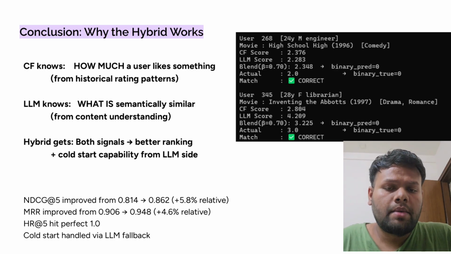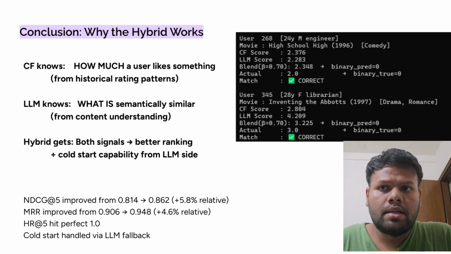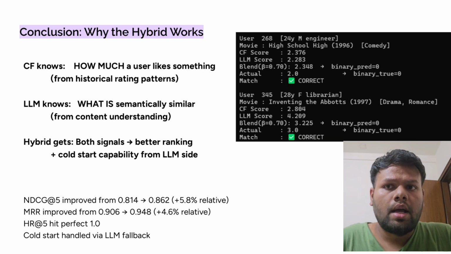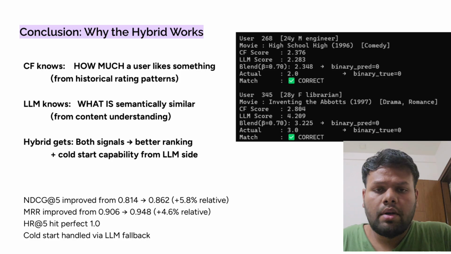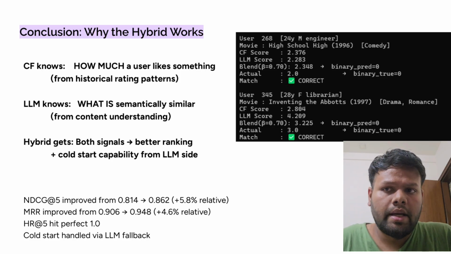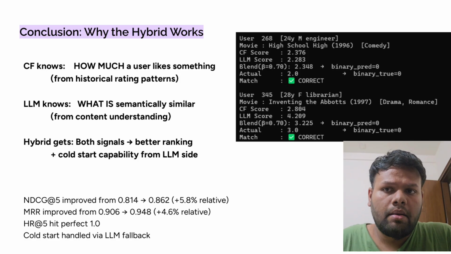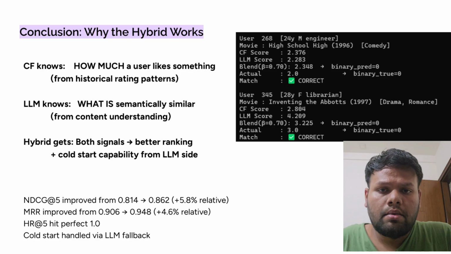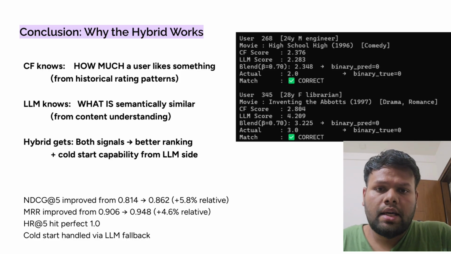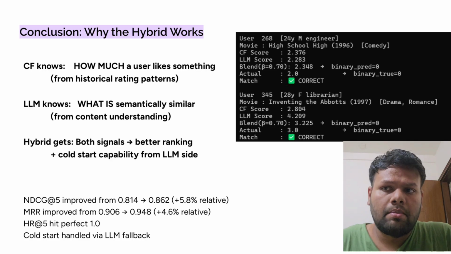The hybrid gets both signals, it's the merge of both, and the result will always be better in the ranking metrics. Plus we have the cold start capability of the LLM side, so the hybrid will definitely be better, combining the advantages of the normal CF-based approach and the LLM-based approach.